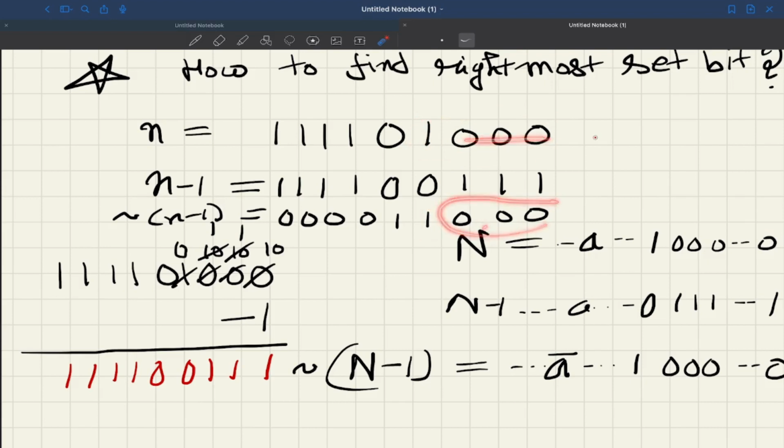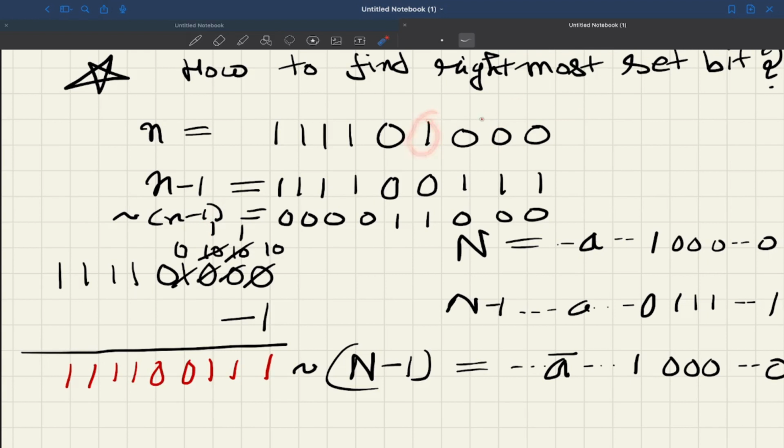They will always be 0, because this is the rightmost set bit and all the bits after the rightmost set bit will definitely be 0. That's why we have traversed here. If we had any set bit before this one, then we would have stopped before it, right?